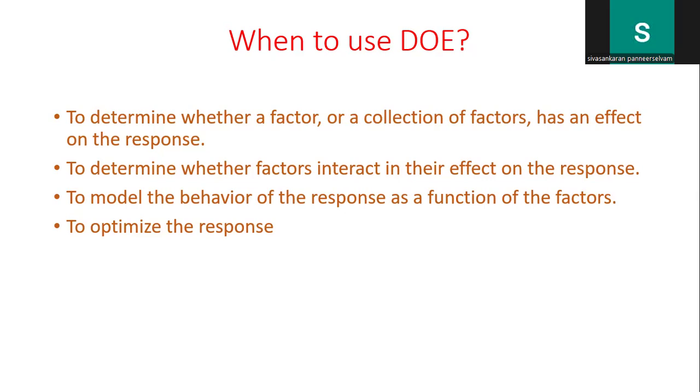For that, DOE is used. Measuring the interaction between multiple factors to predict the output response variable. In that case also, DOE is more suited. Then, to model the real-time behavior of your output response as a function of several factors. So these are the possible cases for using DOE in real time.